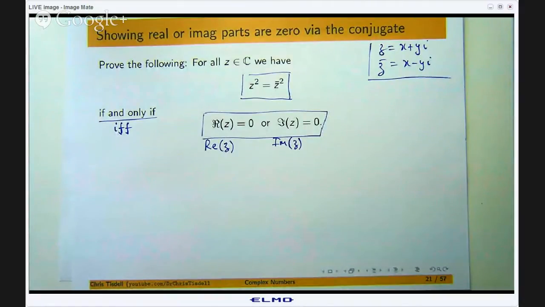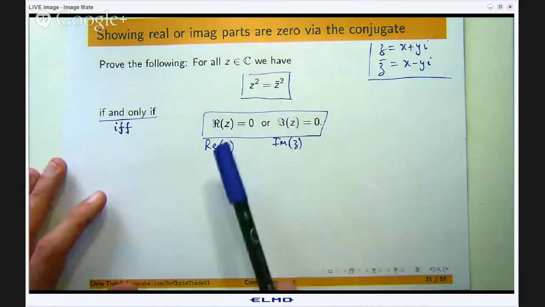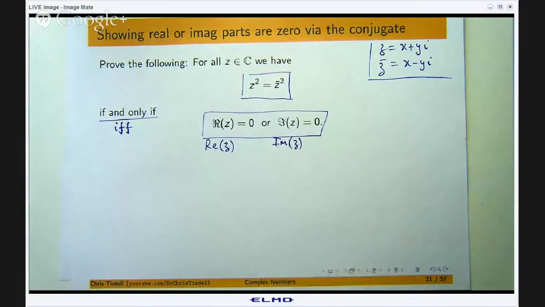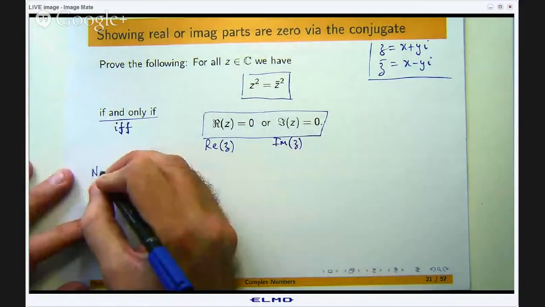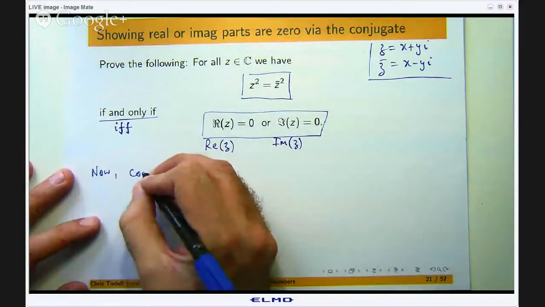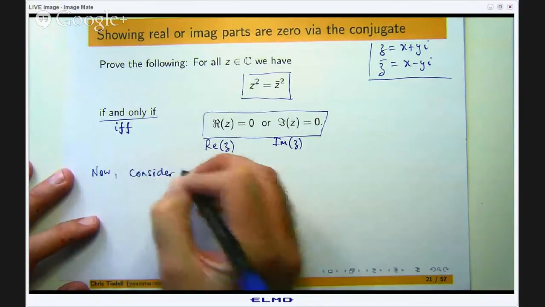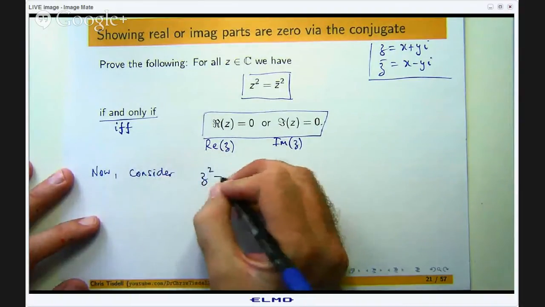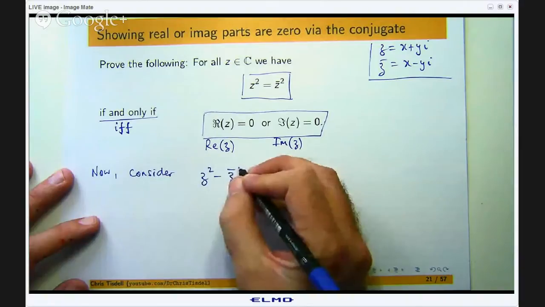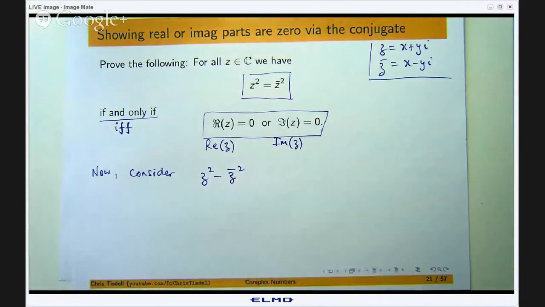Okay, so how do we do this problem? Well, I'm going to start with the difference of these two things. So I'm going to have z squared minus the square of its conjugate. And this is just the difference of two squares, right?